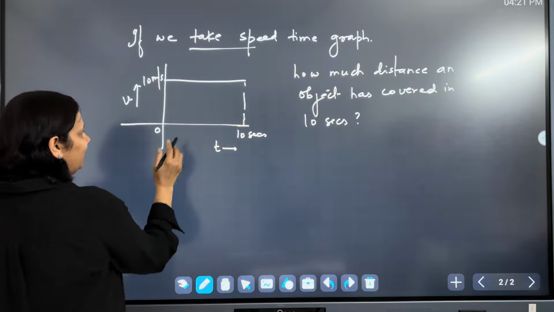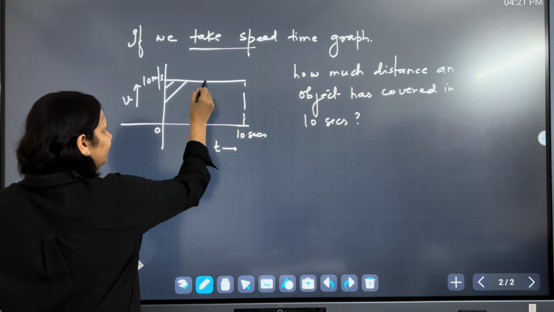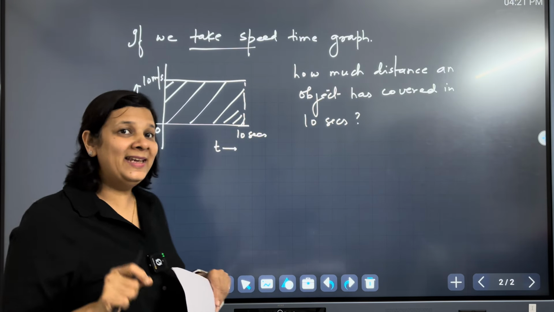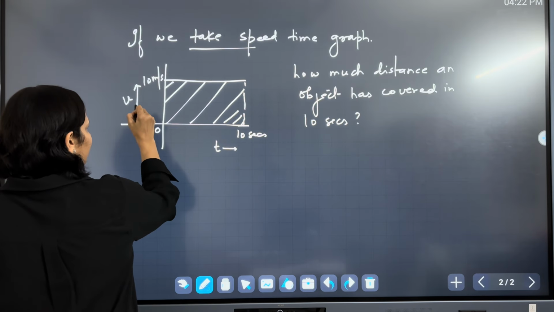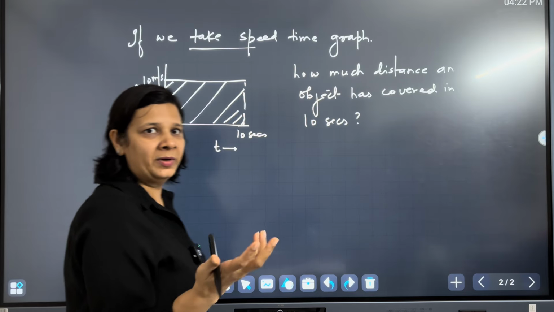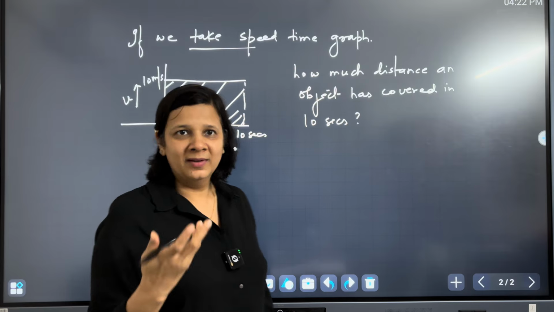So from the graph you can see that how will you get 100? This is a rectangle. Calculating the area under the curve, okay, so this is speed and this is time. Speed into time. What is this? The area of this rectangle, length into breadth, right?